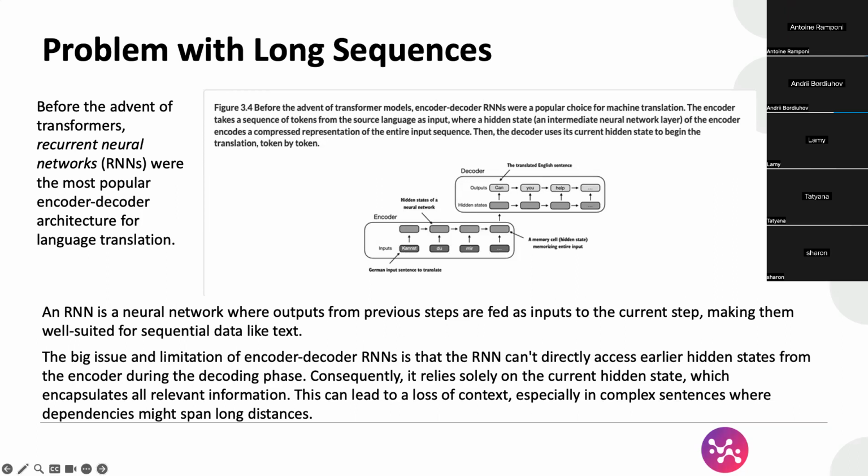So the input text would be fed into the encoder. It would then update its hidden state and then be fed to the decoder to do a translation, for example. So if you have an encoder with the word kannst in German, it would translate to can. And then the word do would come, and then you would translate to you.